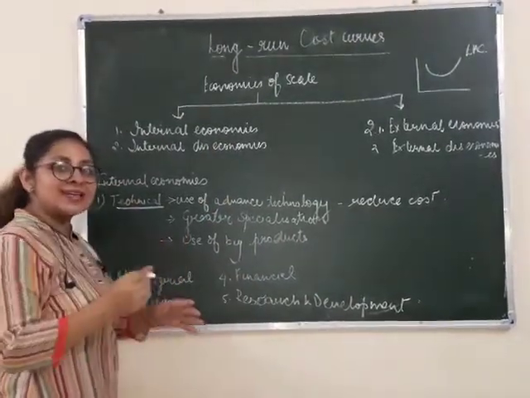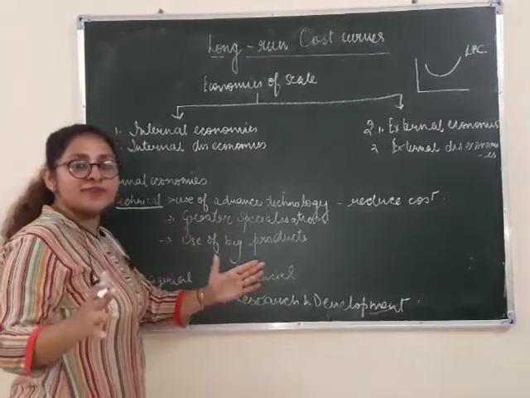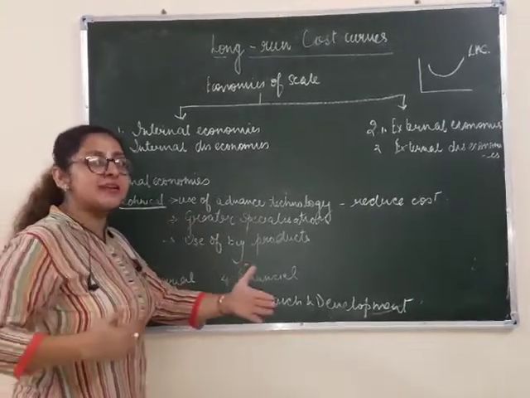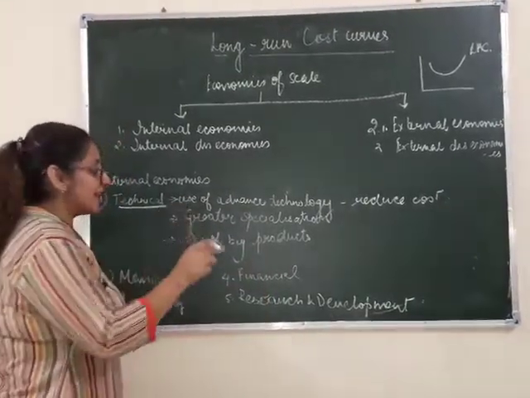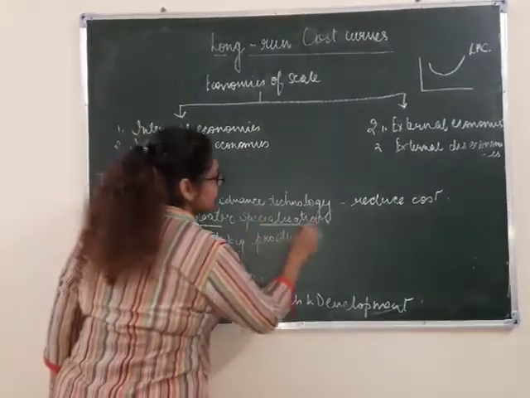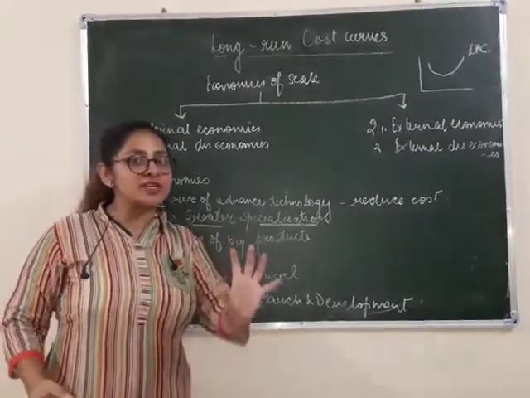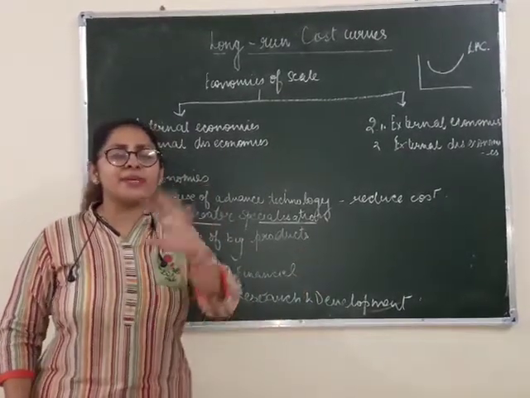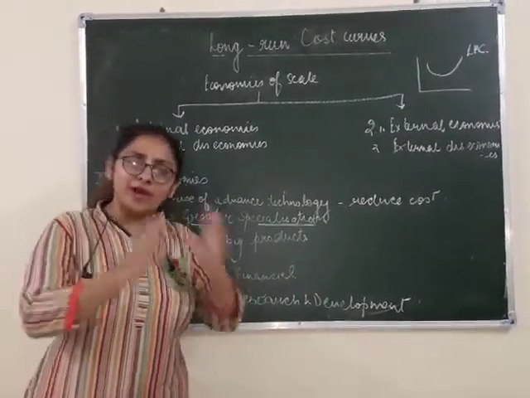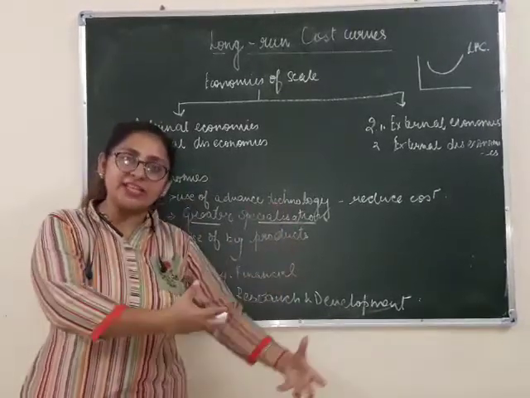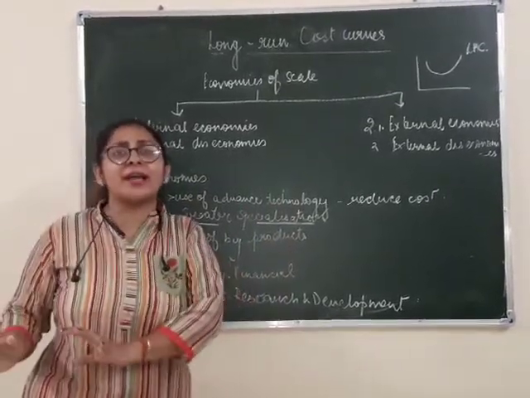When we start division of labor properly, when we start dividing the work properly, it will create greater specialization. Specialization means everyone will become specialized in their particular field. For example, in the textile industry, one person is only involved in bleaching and one is only involved in dyeing of the products.